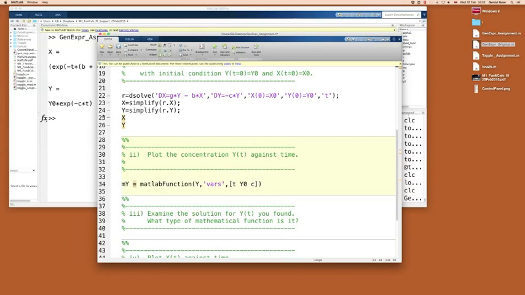And this is given in symbolic expression. Now we need to turn this into the algebraic function my, which is the MATLAB function y, so to speak. And we can see what happens if you execute this.